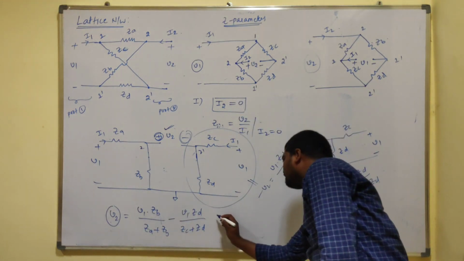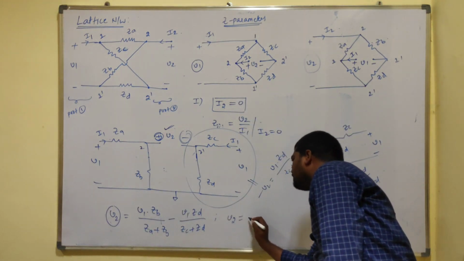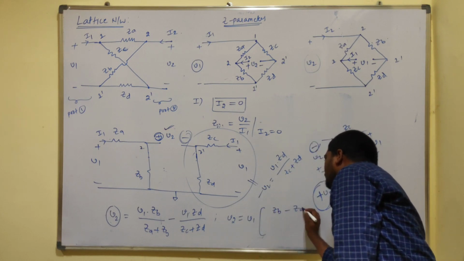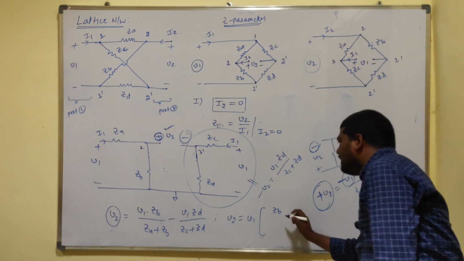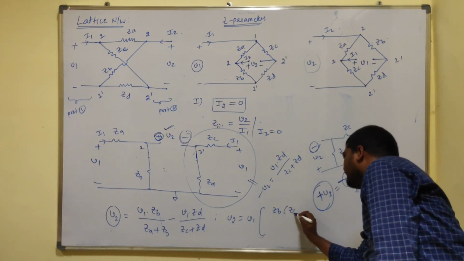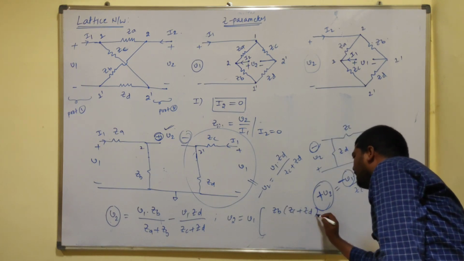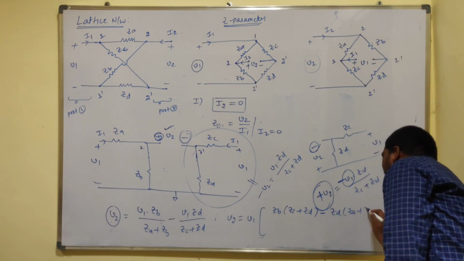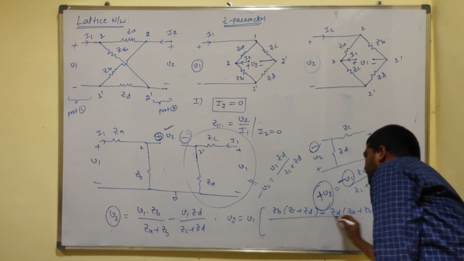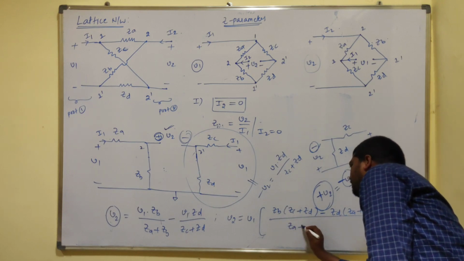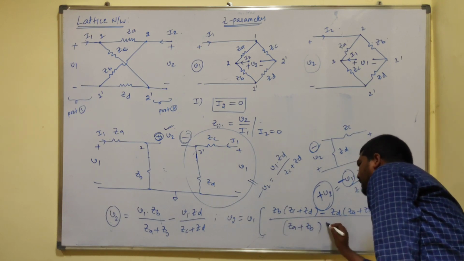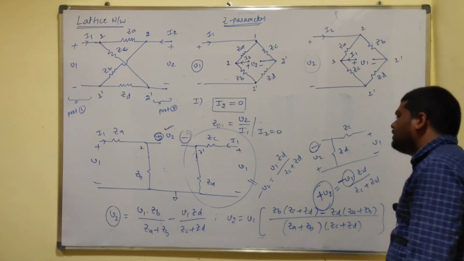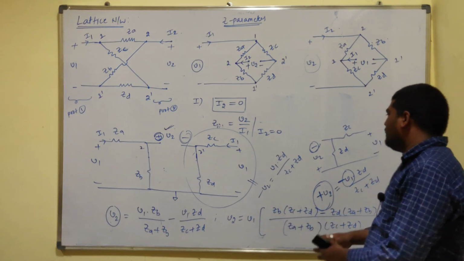So now here V2 equals V1 into ZB by ZA plus ZB, minus ZD by ZC plus ZD, which combined gives V2 equals V1 times [ZB(ZC plus ZD) minus ZD(ZA plus ZB)] by [(ZA plus ZB)(ZC plus ZD)]. This is your V2 value, right?